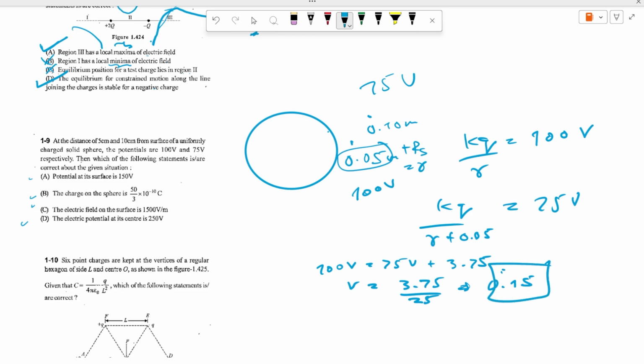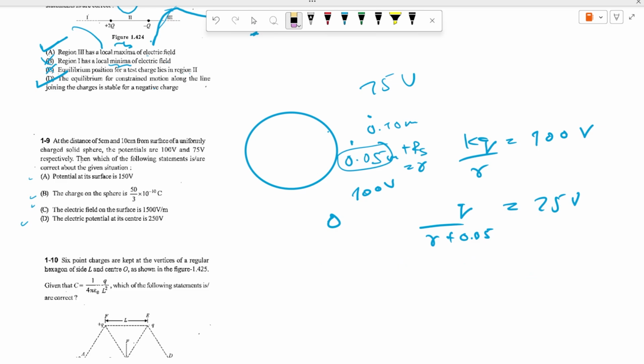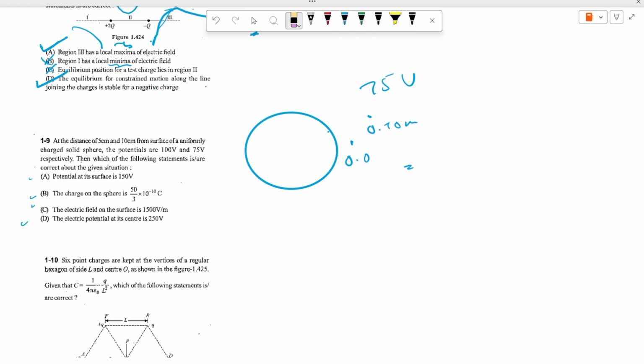Now moving on, this is R, by the way. So the R of surface is going to be 0.10 or 0.1 for simplification's purposes. Now using this we can calculate the potential, the electric field, the charge, and so on. Let's just do that really quickly.